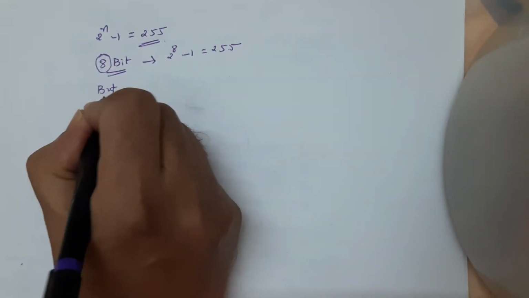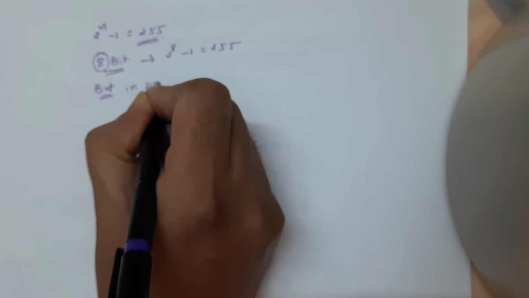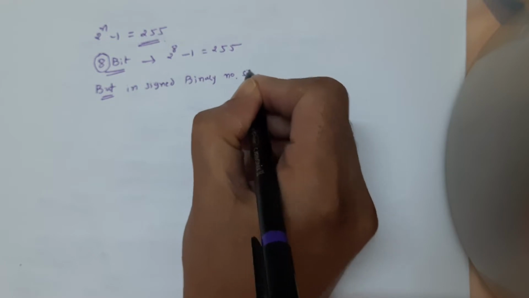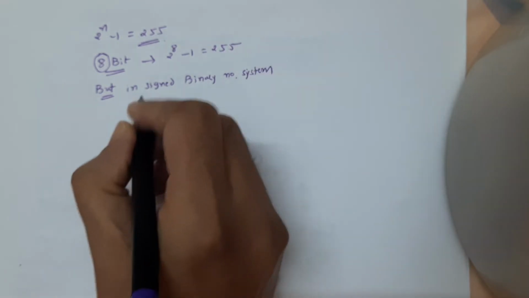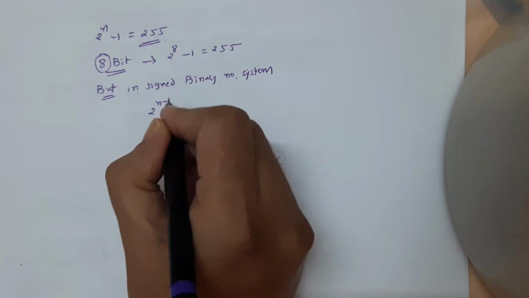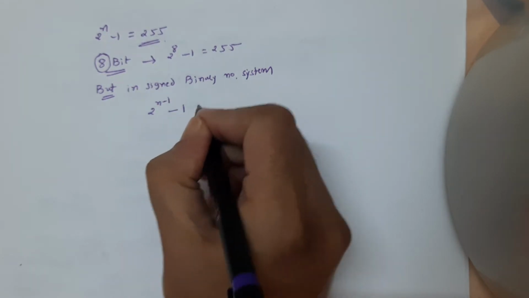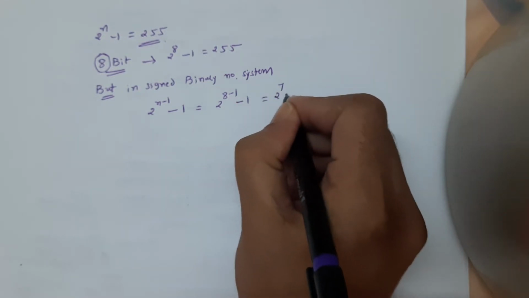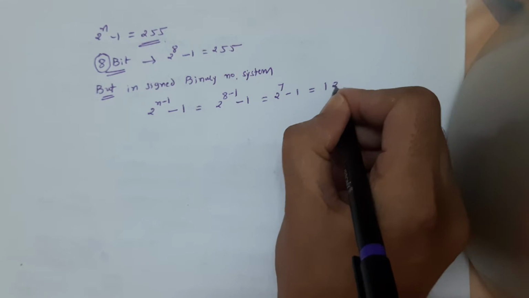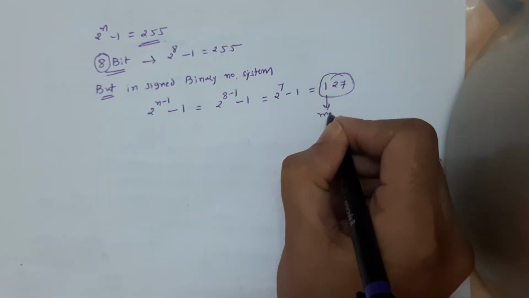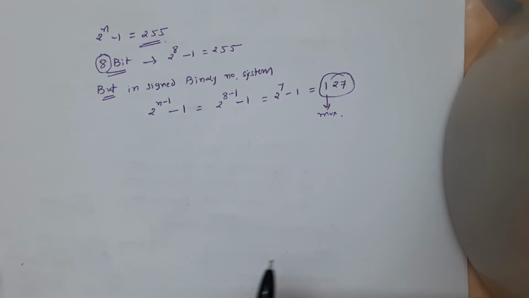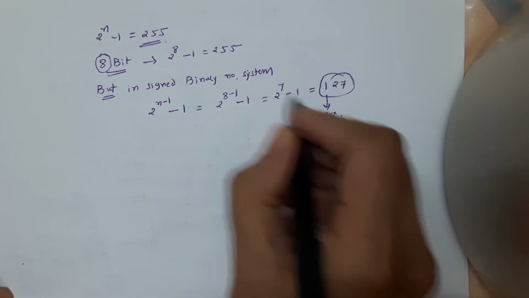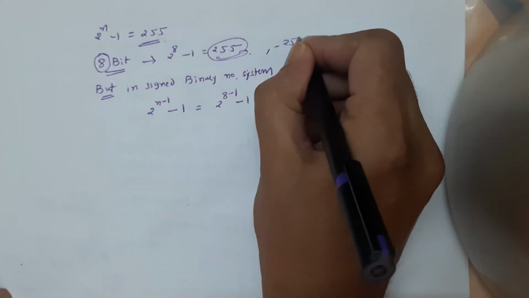But in the signed binary number system, it is equal to 2 raised to n minus 1 minus 1, that is 2 raised to 8 minus 1 minus 1, that is equal to 2 raised to 7 minus 1, and this is equal to 127. So the maximum number we can represent is 127 positively and negatively, minus 127. Same way 255 and minus 255, right?